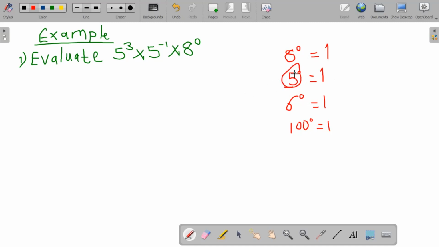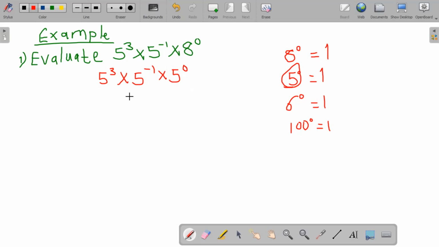But the base that we want is this base. So that's the reason why we're going to put it in the place of 8 to the power 0. We're going to write 5 to the power 3 multiplied by 5 to the power negative 1, and then multiplied by 5 raised to the power 0.